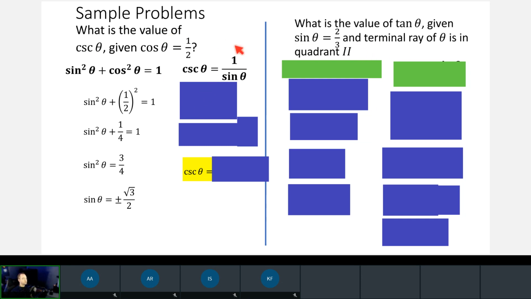This is actually 2 problems. Sorry. I just read this other question and realized it's not the same question. On the next page, I solve it 2 ways. Sorry, I was confused for a brief moment. All right. So we now know what sine is. So we just replace sine theta with what it equals, which is radical 3 over 2.